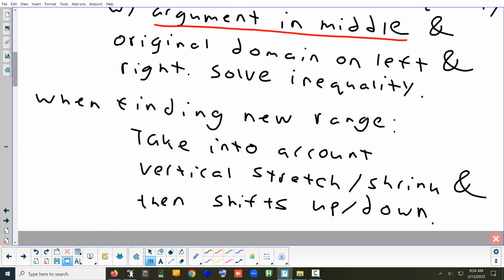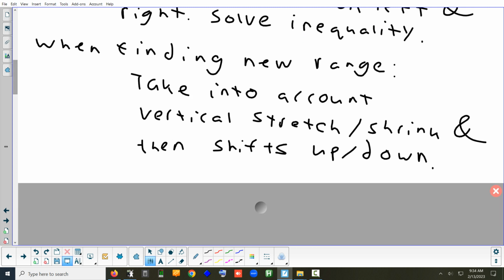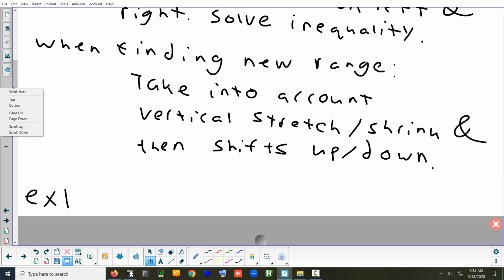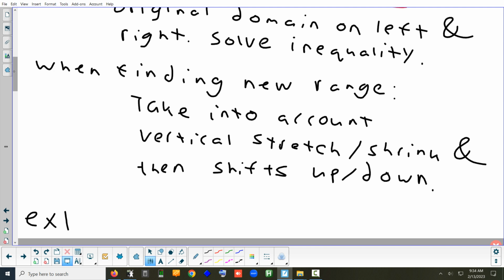Let me show you an example with kind of simple numbers. Let's say you had a range that went -1 to 1, and you stretched that by a factor of 3.